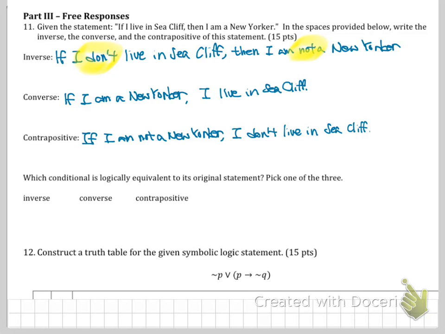Notice that I switched the order and also put the negation together. Which conditional statement is logically equivalent to the original statement? That's always the contrapositive. Contrapositive is the logically equivalent statement to the original one.